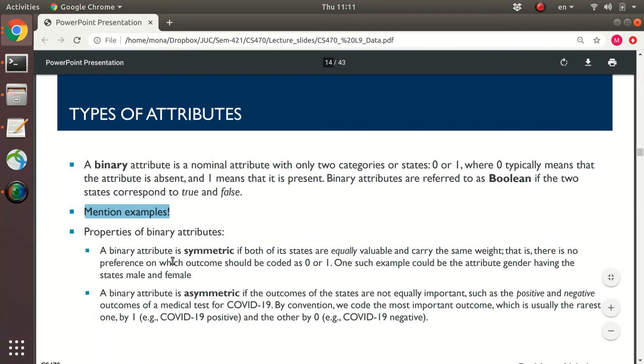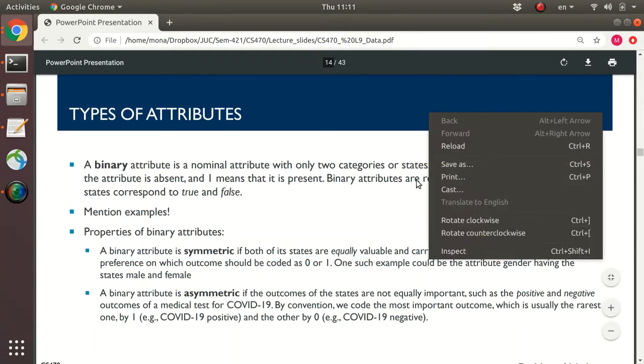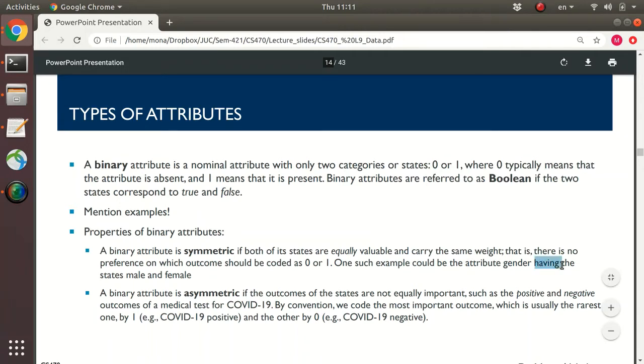So there is no preference on which outcome should be encoded as 0 and 1, and this applies, for example, to attributes such as gender, where you don't have any preference. I mean, the gender, whether it's male or female, can be encoded as 0 or 1. If male can take 0, female can take 1, and vice versa.